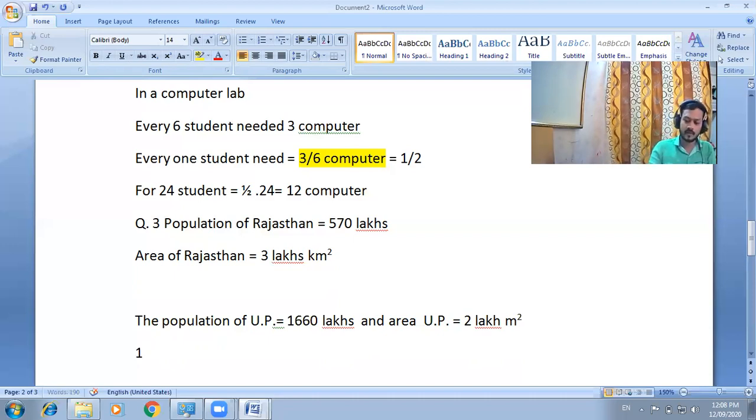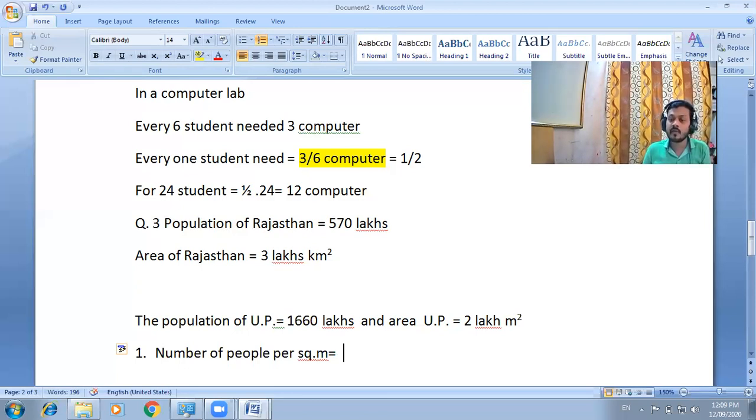Okay, question number one, number of people per square meter equal to, okay, what is given? Area of Rajasthan we know, and population of Rajasthan we also know. So how can we calculate the number of people per square meter? By dividing.